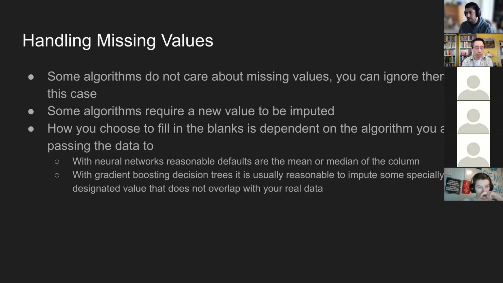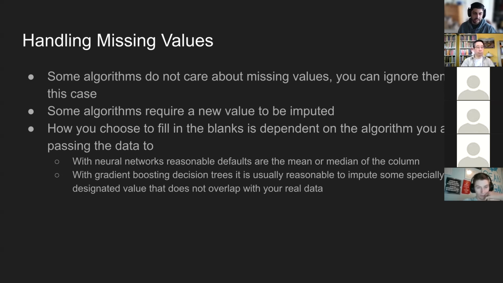For example, if an input to your model is square footage, you could just pass it -999, and it would be perfectly reasonable, because it just takes a single split for the model to say, okay, this is -999, and it doesn't overlap with any of the real values. Now it can understand this isn't actually the square footage, it's just a missing value, and it can treat that split as such on the decision tree.